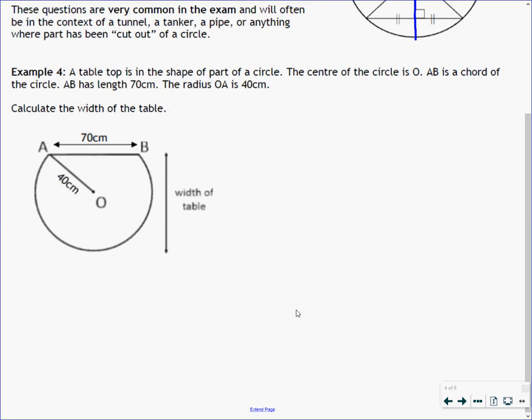So straight away, I know that this distance from here to here is also going to be 40 because it's a radius. I also have the radius going from here to here.